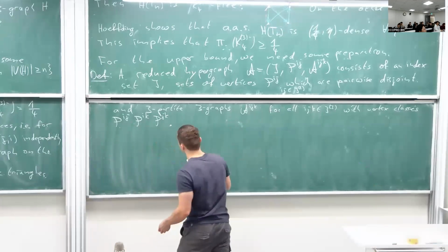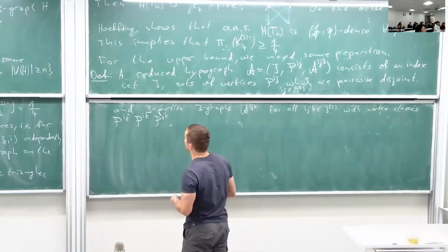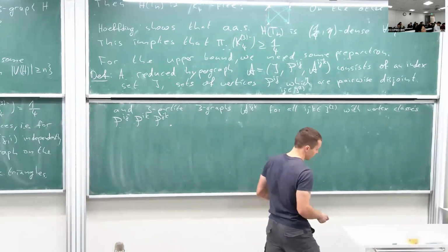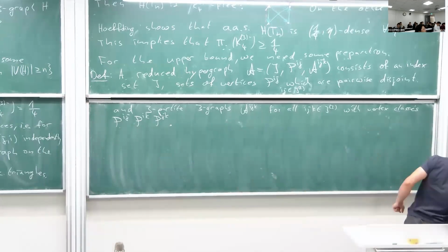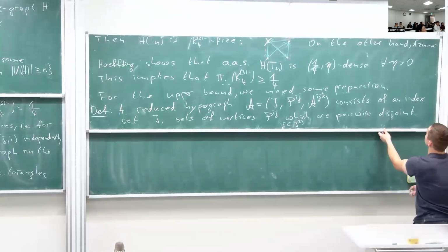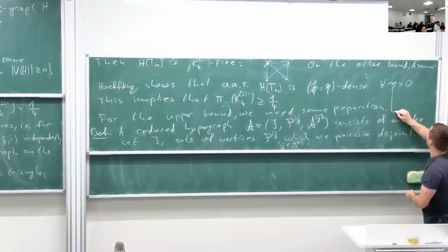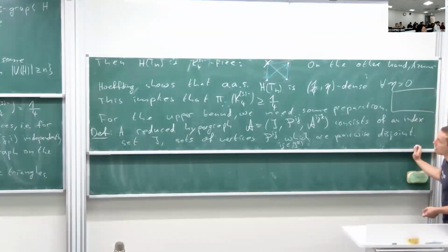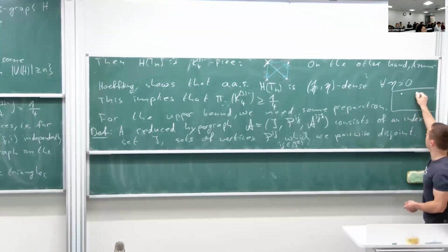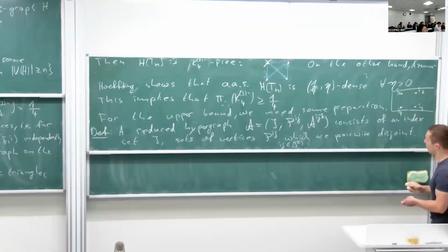And so how do we usually think of these? For the indices, we will just draw dots. So this is maybe I1, I2, I3, I4.